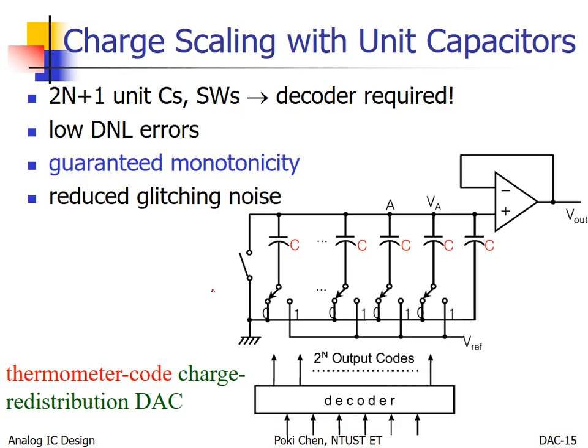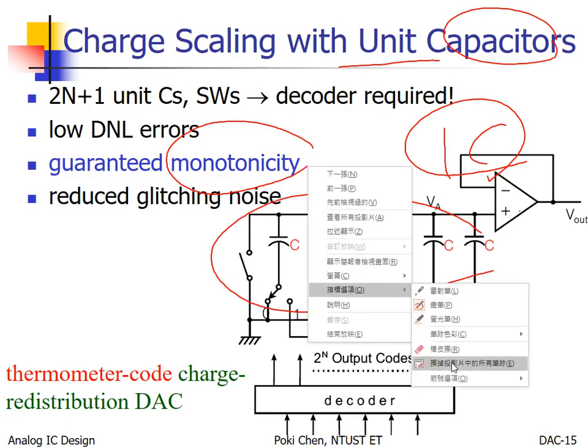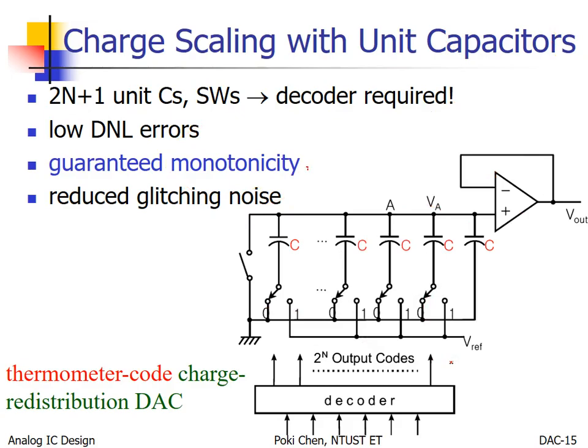Then we go for the next version of such kind of charge sharing structure with unit capacitor. Yeah, the major benefit is, everybody gets the same 1C. It means you can guarantee monotonicity. Anyway, the operation principle is quite easy, right?